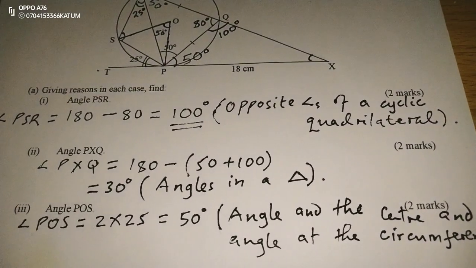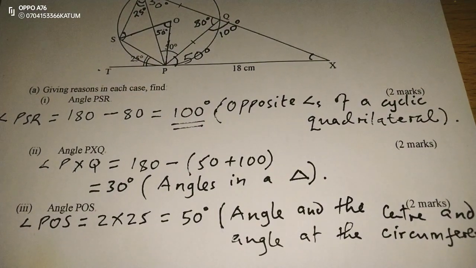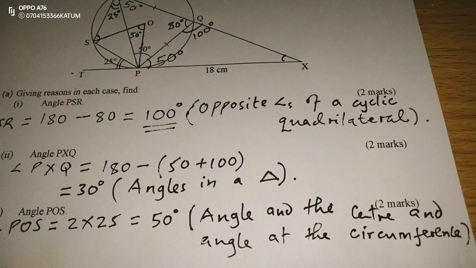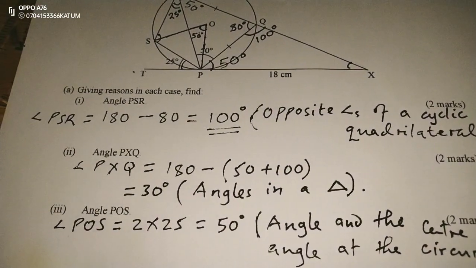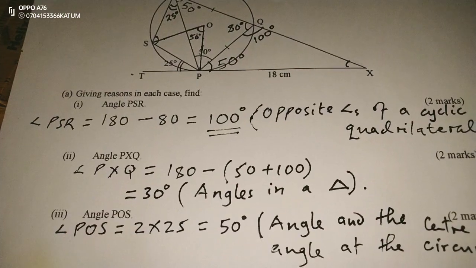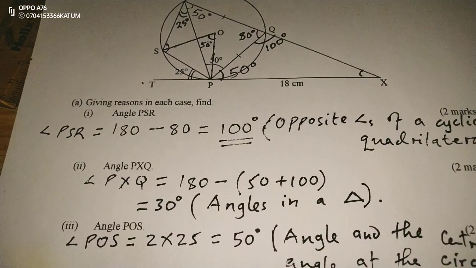The angle at the circumference should be half the angle at the center, or rather, the one at the center should be double the angle at the circumference. So those are the angles and the desired reasons.